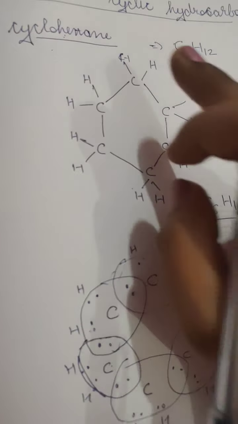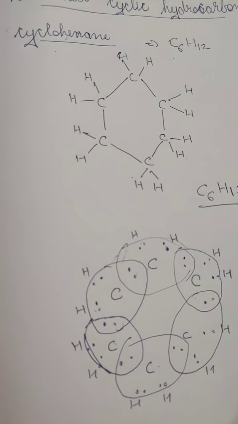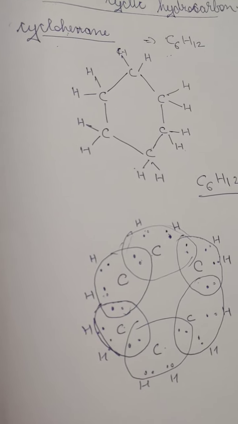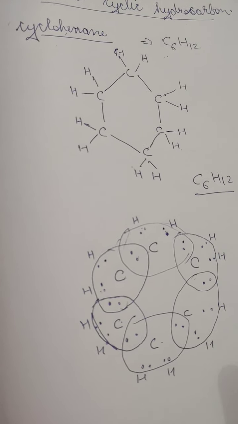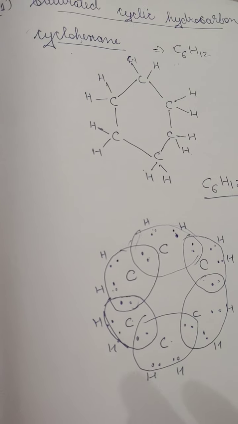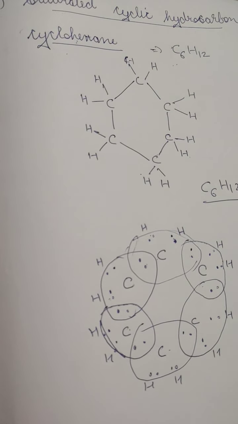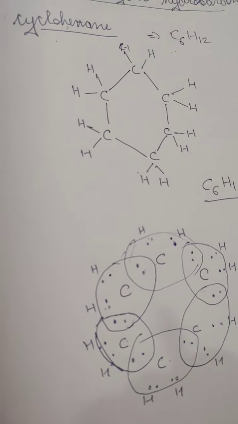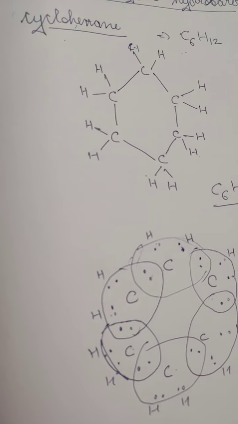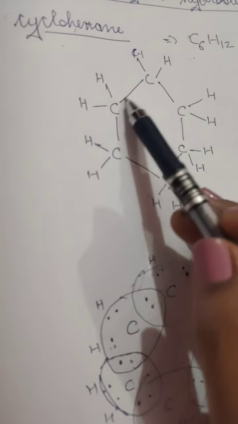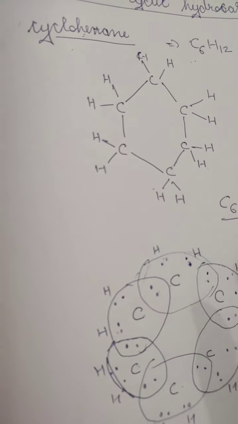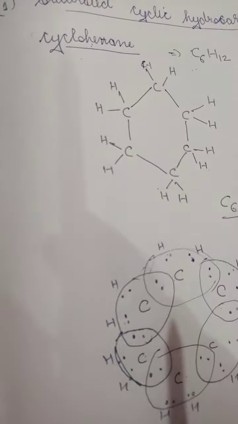Now why we only study cyclohexane, many students would be having this question in their mind, that can't we have a cyclopropane or cyclobutane or even a cyclopentane. Cyclopropane can exist, cyclobutane also exists, but cyclohexane is a proper cyclic structure where we see a ring, and this is the most stable one, so we read this.